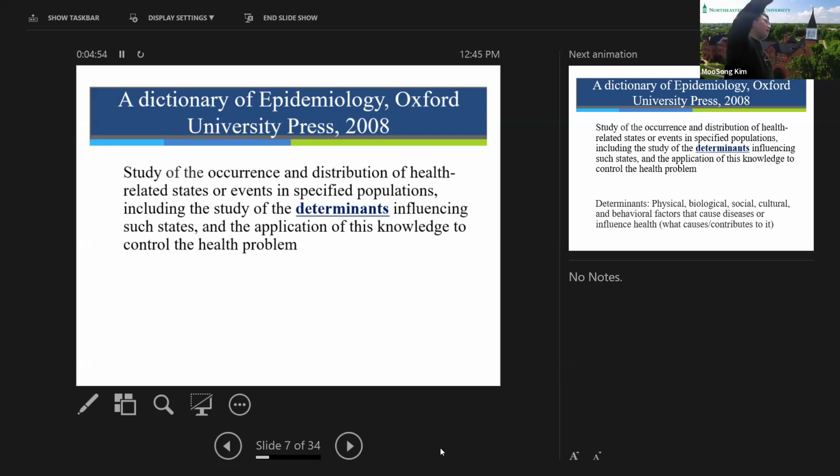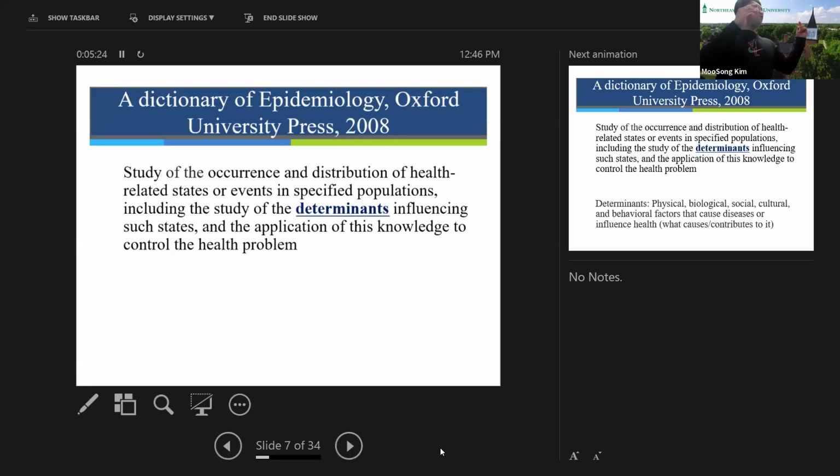Disease transmission triad: host, agent, and environmental factors. So the agent is the cause of disease, right? Same meaning: determinants is actually the agent, the cause of disease.